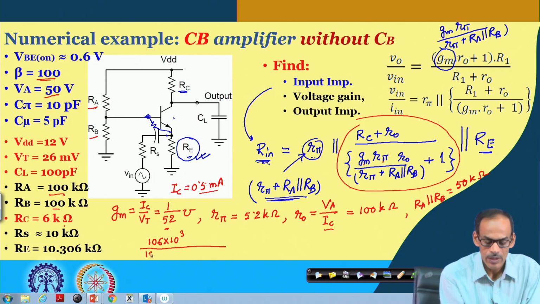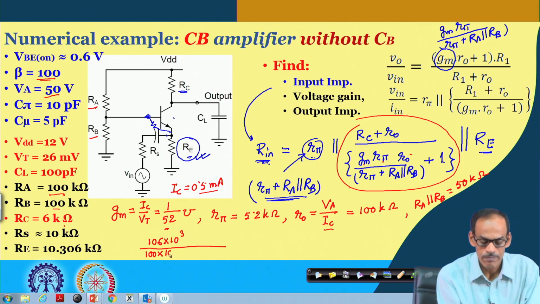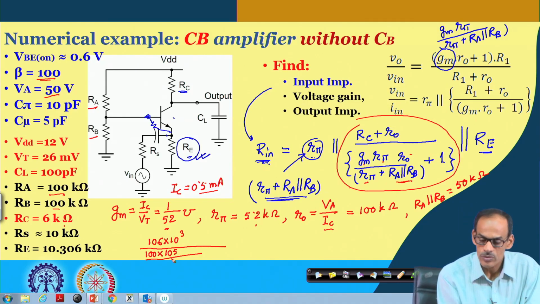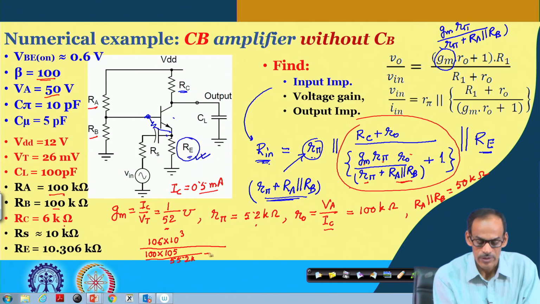So that is 100 multiplied by this R naught, which is 100 k, so 10 to the power 5, and in the denominator R pi is 5.2 k, and then we have 50 here. So this is 55.2 k plus 1. In fact, you may ignore this one part and consider only the first part here. So this is 10 to the power 5.